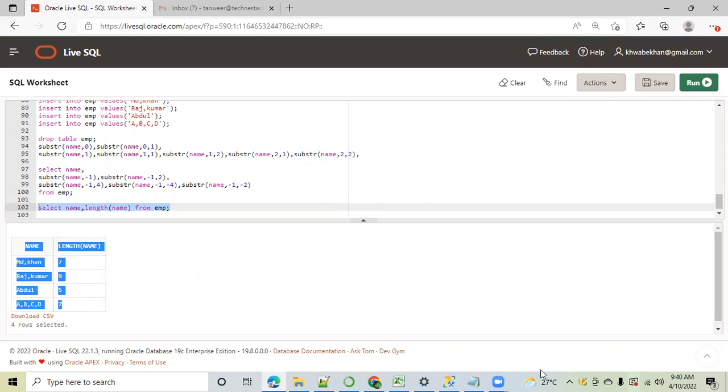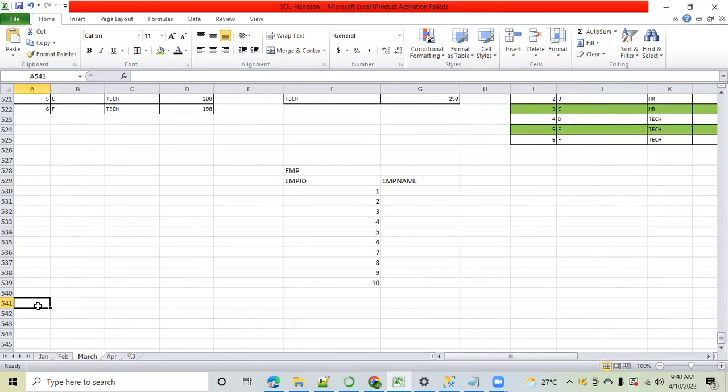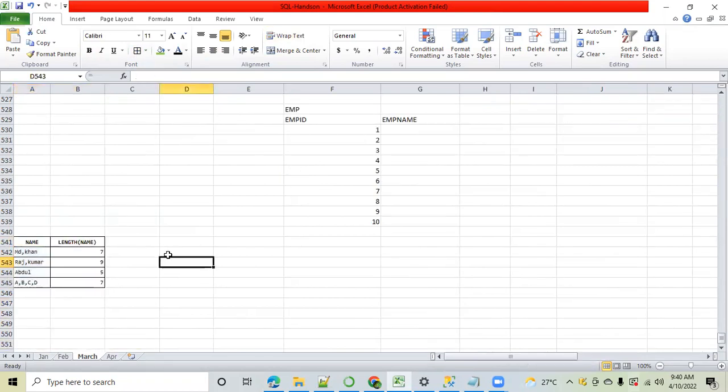Now, to answer your question, let's do some manual analysis on this. This is the data. You said I want AN, I want AR, last two characters, I want UL, last two characters, I want comma D, the last two characters.